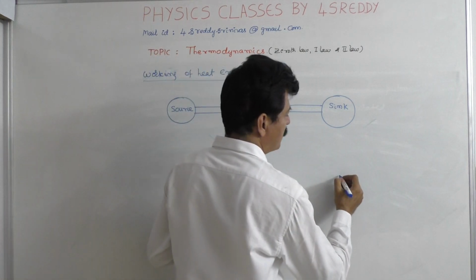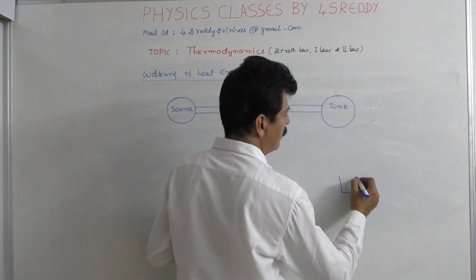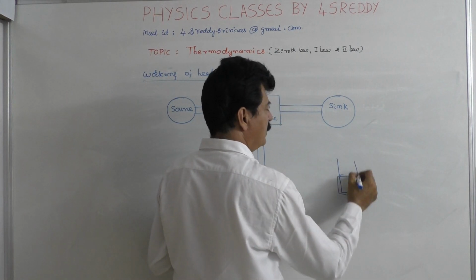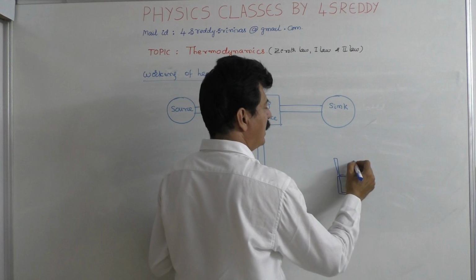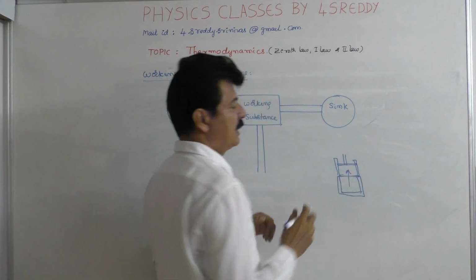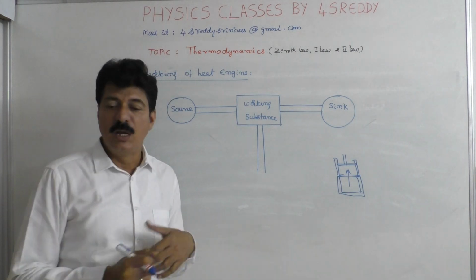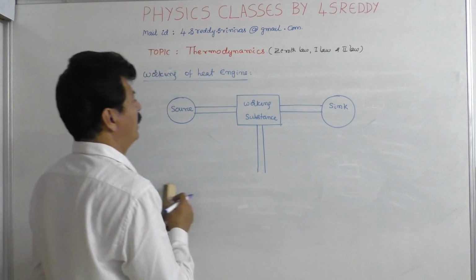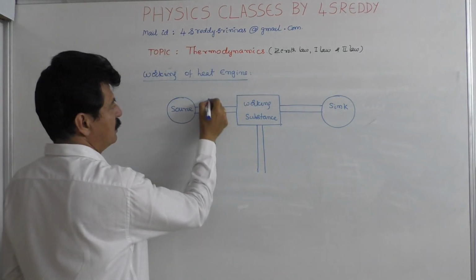So here what happens, suppose this is already given. This is the source and this is the sink. Now when you keep the working substance on it, conduction takes place between these two. As a result, it extracts heat Q1 from the source.